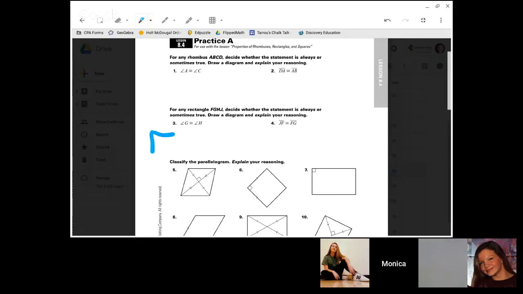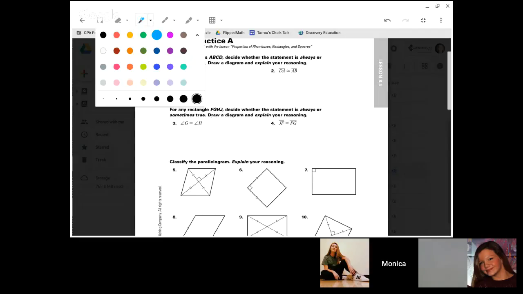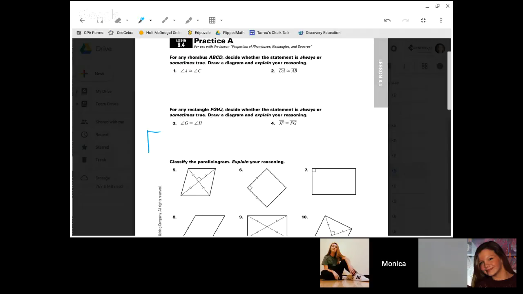Okay, so we draw a rectangle. That's maybe too fat. And we're going to call it FGHJ. F, G, H, and then J.